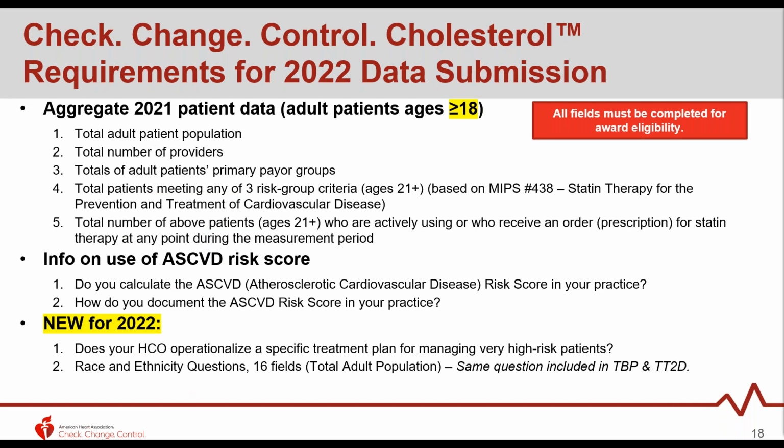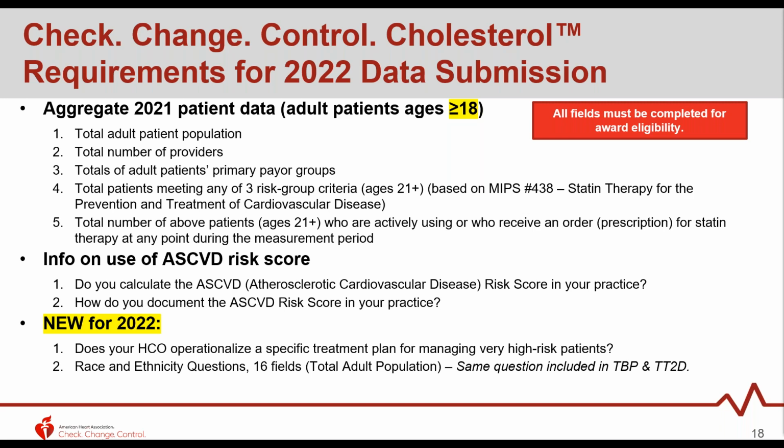Moving on to the Check Change Control cholesterol requirements. Data submission for 2022 will require aggregate 2021 patient data for adults, patients 18 years and older. These fields must be completed for award eligibility: total adult patient population, total number of providers, total adult patient primary groups, total patients meeting any of 3 risk group criteria for ages 21 and older, and the total number of above patients who are actively using or who receive a prescription for statin therapy at any point during the measurement period.